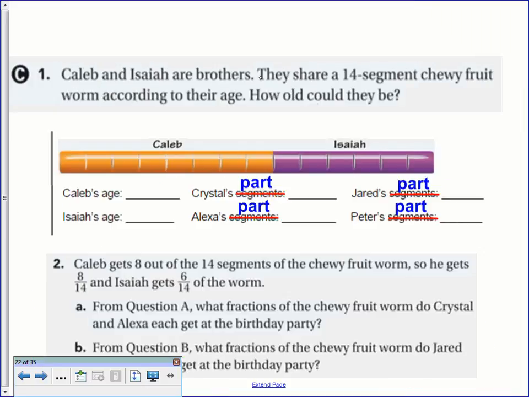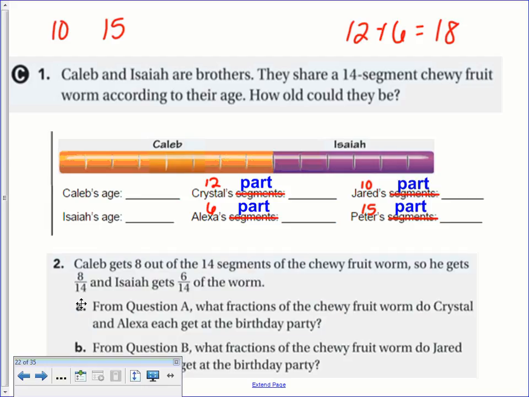So let's think about this. I just want to write this down so we don't forget. Jared and Peter were 10 and 15, right? It's just 10 and 15 and 12 and 6. So Caleb gets 8 out of the 14 segments.